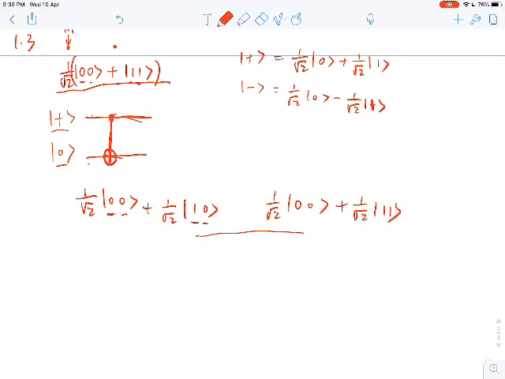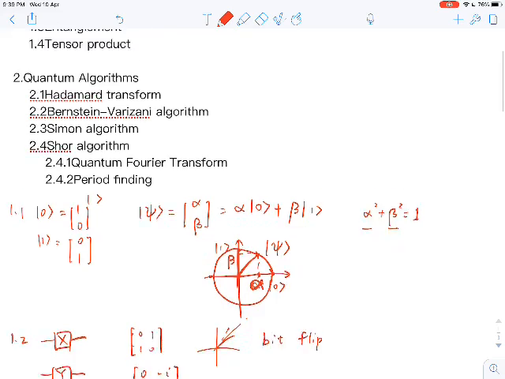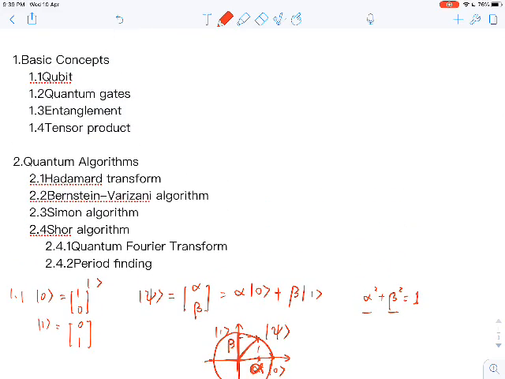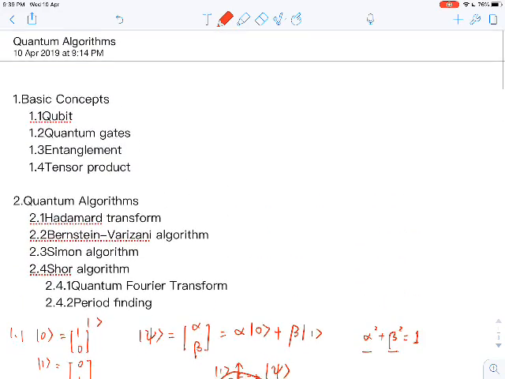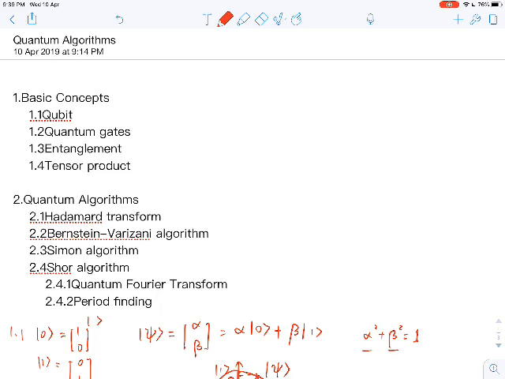If we measure the first qubit here, then the second qubit will not be changed. But if we measure it here, obviously the second is determined. Quantum entanglement is also very important in the design of quantum algorithms.